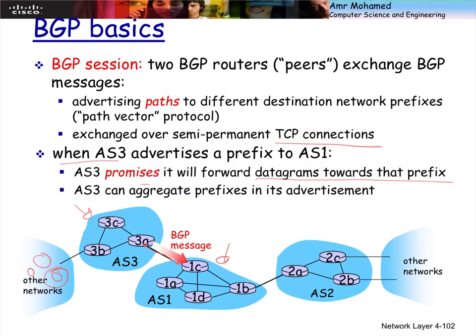In order for AS1 to get this reachability information, these distances need to be communicated through AS3 and through the TCP connection to AS1. Then AS1 will exchange this information to the internal routers through IBGP, and these routers will then have the information on how to reach these final destinations.